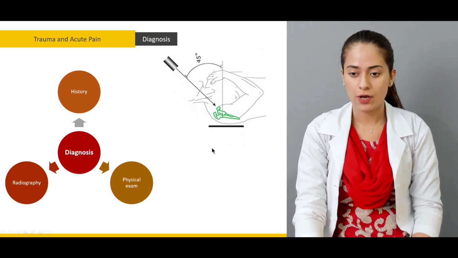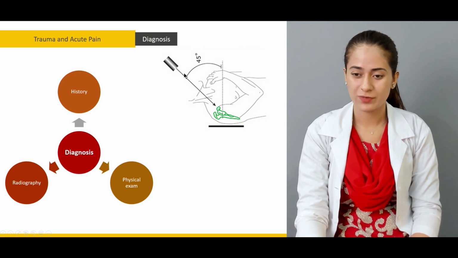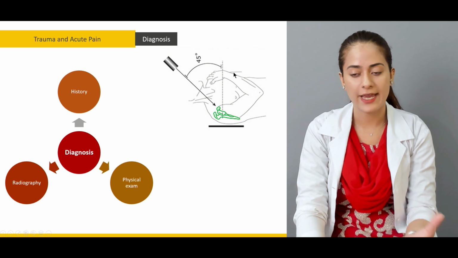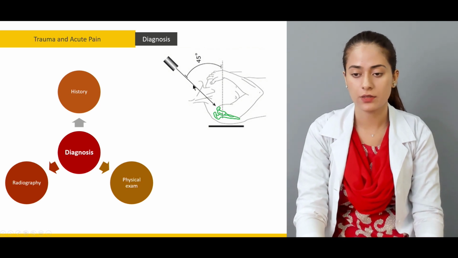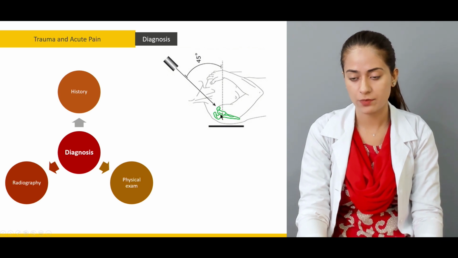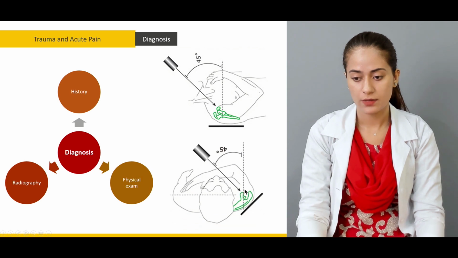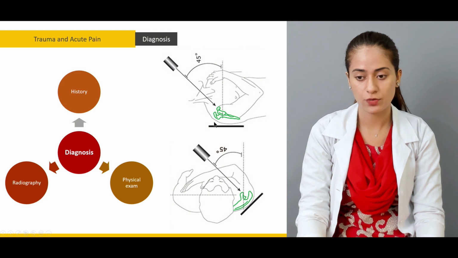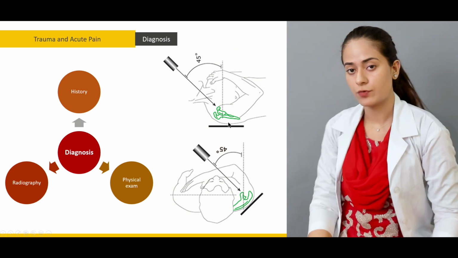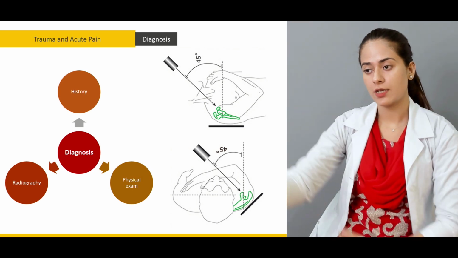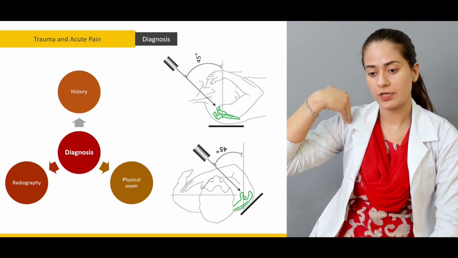This is the orientation in which a patient is asked to sit, stand or lie for an X-ray. The X-rays come from this direction, and this is for the patient who is standing, and this is for the person who is lying. They have to rotate themselves 45 degrees with the X-ray oriented in this direction.